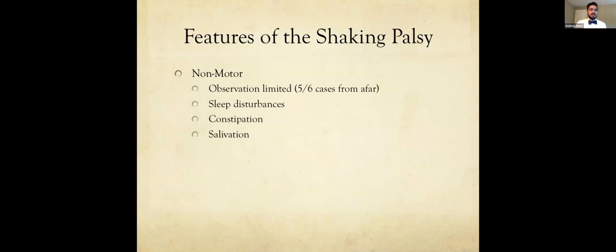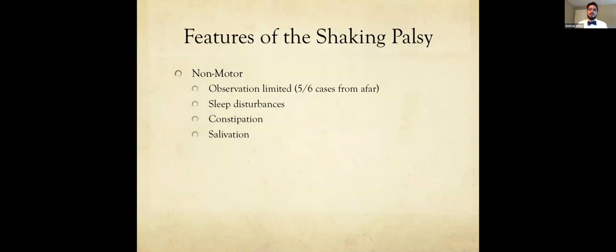And finally, on some of the non-motor symptoms, this was a little difficult for him to characterize because 5 out of the 6 cases he observed from afar, which obviously you can mostly see motor symptoms from afar. But he did notice sleep disturbances, noting patients would have disturbed sleep, often owed to tremulousness and disturbed movement.